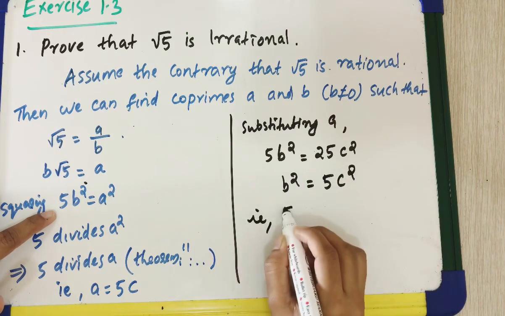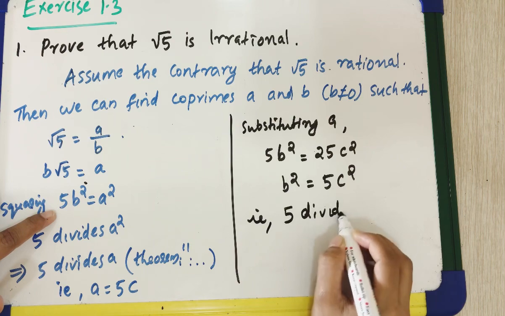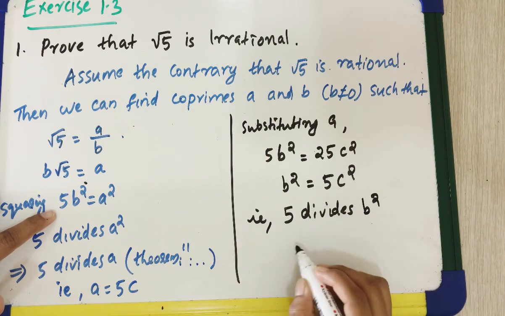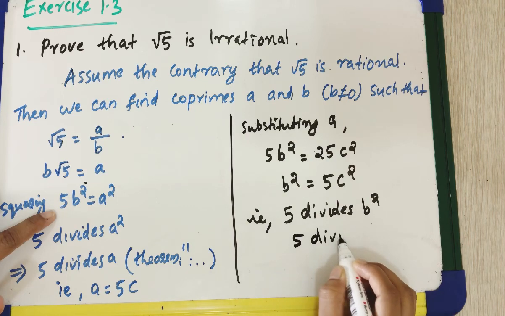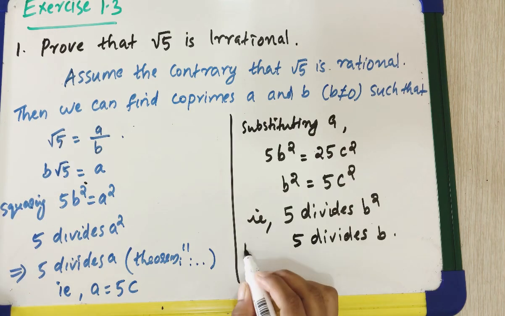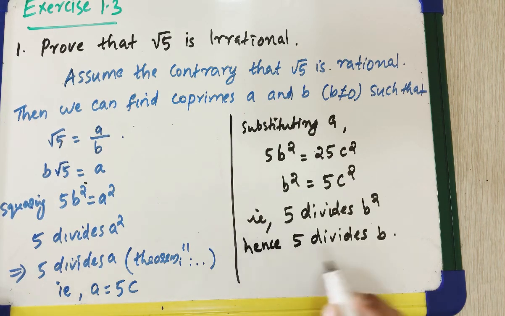That is 5 divides b square. Again 5 is a prime, therefore 5 divides b. Hence 5 divides b.